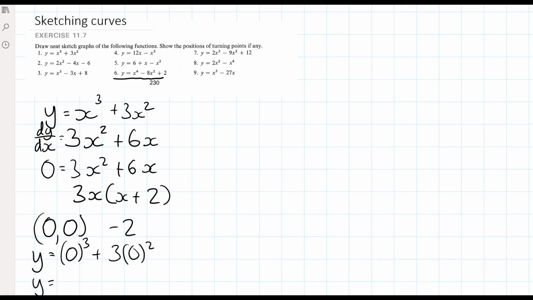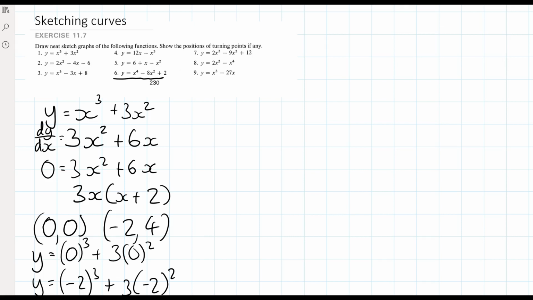When x equals minus 2, y equals minus 2 cubed plus 3 lots of minus 2 squared, that gives me minus 8 plus 12, which is 4. So the point is minus 2, 4.